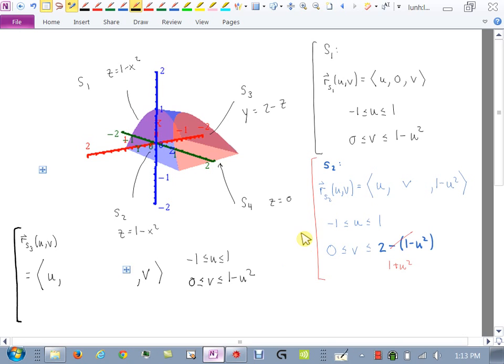So how's it going to go back and forth? What's this? 2 minus V? So where are you getting that from? Yeah, that y is again, you want it to be on this plane, right? We don't want to go back and forth. We want to be on that plane. Well, if you're on that plane, you have to satisfy that equation. That equation says 2 minus z. Z is V. So 2 minus V.